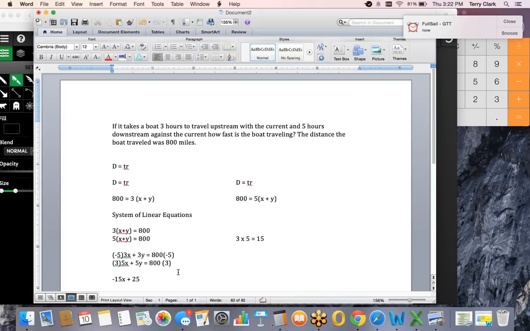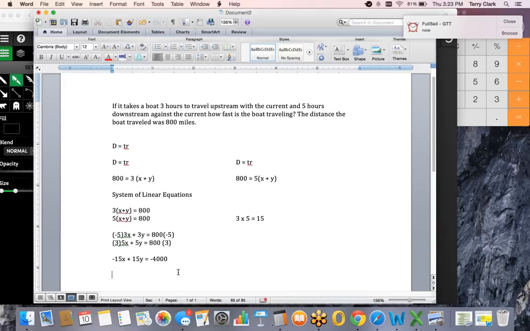I didn't set this up the right way. I can see it now, 15y. Basically what it's saying is that there's not going to be a solution for this one. -4,000. Yeah, they're going to cancel out.